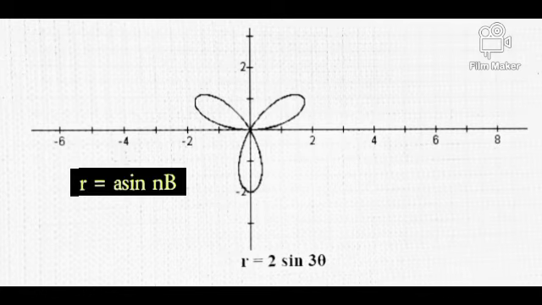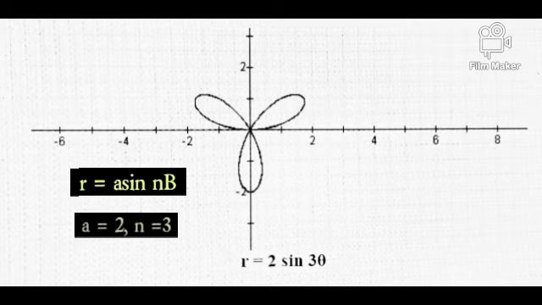Earlier, we set n equals 2. Now, for the same value of a equals 2, we now take n equals 3. And the polar equation r equals a sine nb, for a is 2 and n is 3, becomes the polar equation r equals 2 sine 3b, which in the graph is 2 sine 3 theta, where theta is b.